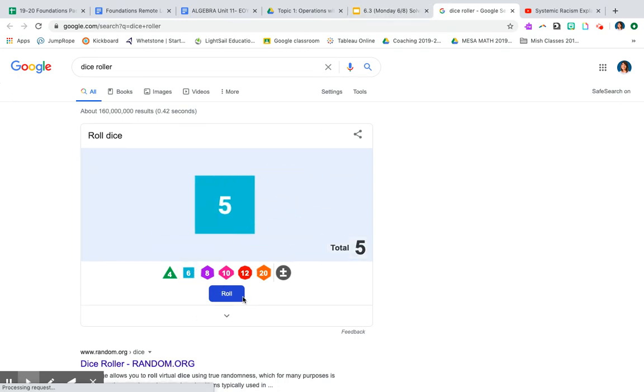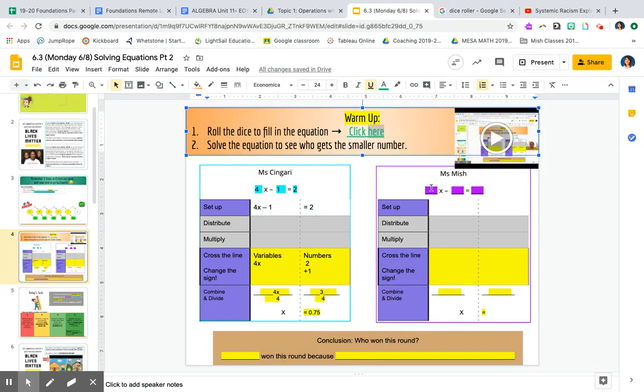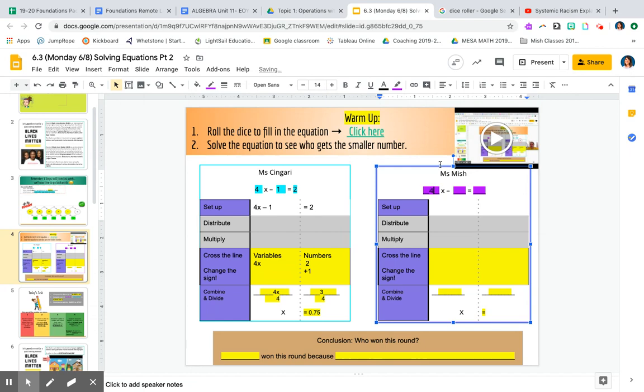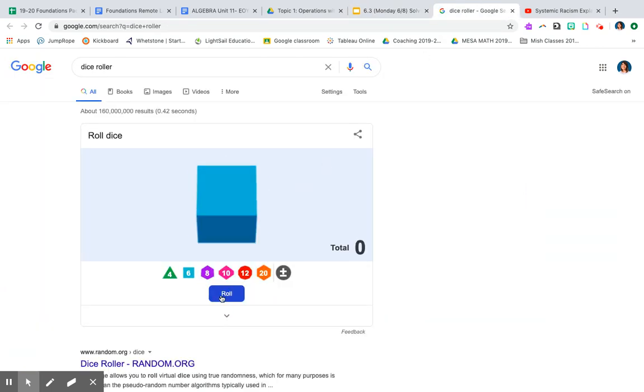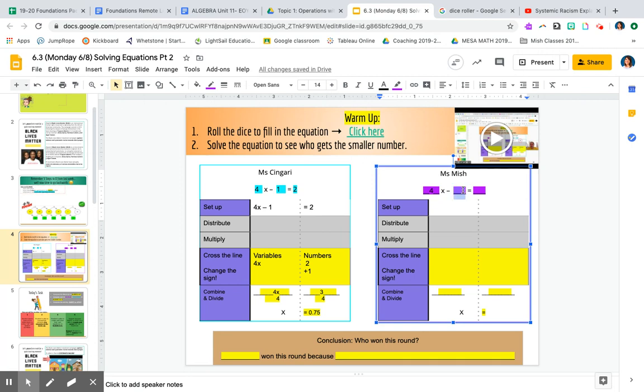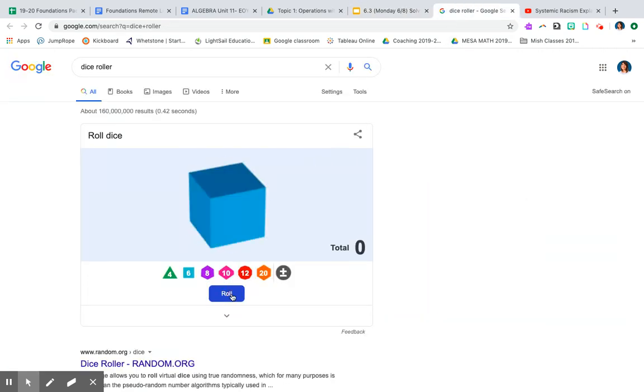Oh, I only needed 1. And I'm going to roll 3 times. So I got a 4. Whoa, weird. Same as Miss Sangari. I got a 4 again. And then one more time, 5.